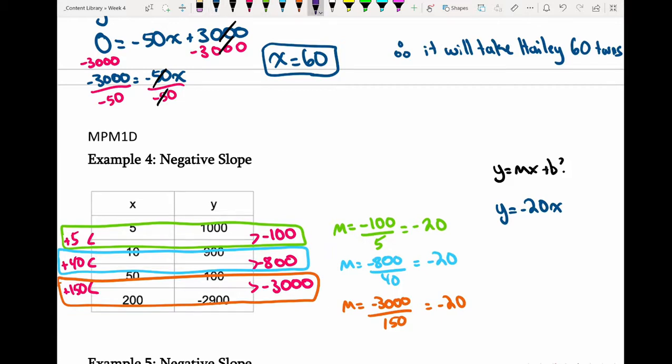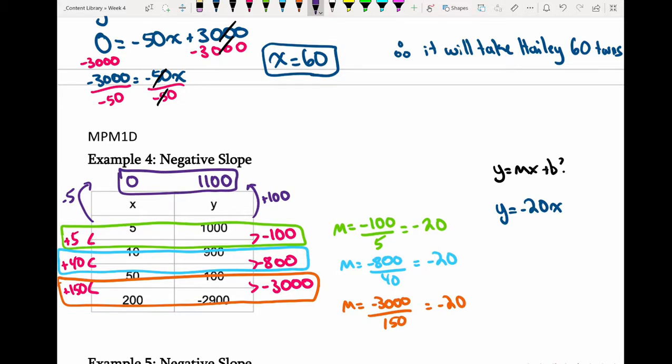We can use the understanding that if I go back 5 spots, I know how much it should change by, because at 5 spots it changes by negative 100. So going back the other way, I have to add 100. That means I'd end up at 0 and 1100.